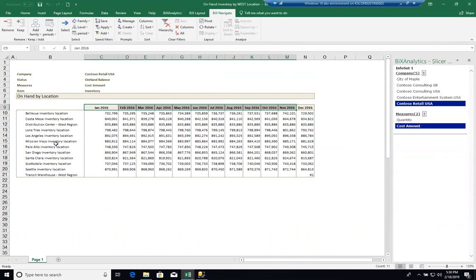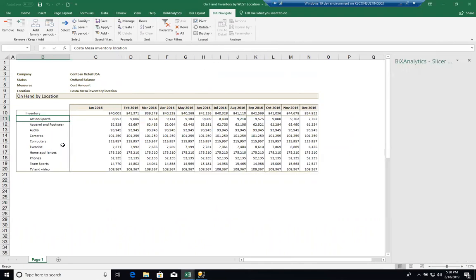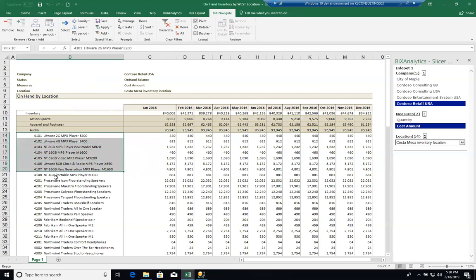But in here, I could take one of these groupings, say maybe the Costa Mesa inventory location, and then I could break this down and see the specific items that make that up. Now I can see under Costa Mesa, I have the total inventory on hand by the different item posting groups, and then I can open up one of these values, so like the audio, and now I can see that these are the specific items that are in the Costa Mesa location and then trended over time for this information.